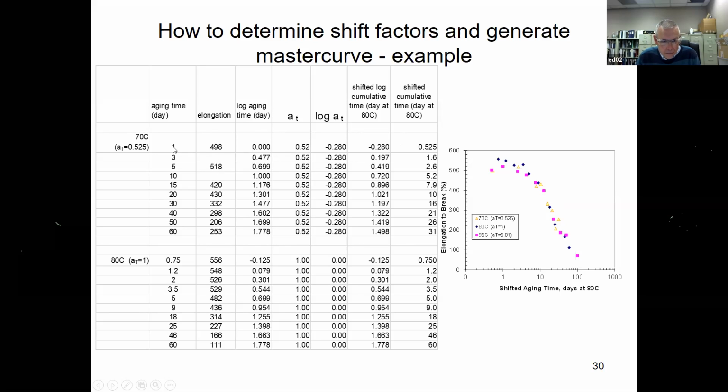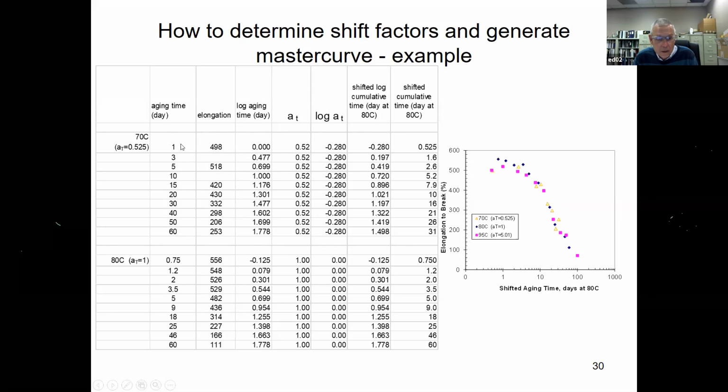And so here is the 70 degree aging data: 1 day, 3 day, 5 day, 10 day, 15 day, 20 day, 30 day, 40 day, 50 day, 60 day. Okay, and here's the elongation to break. So the first thing we do is we take the log of the aging time.